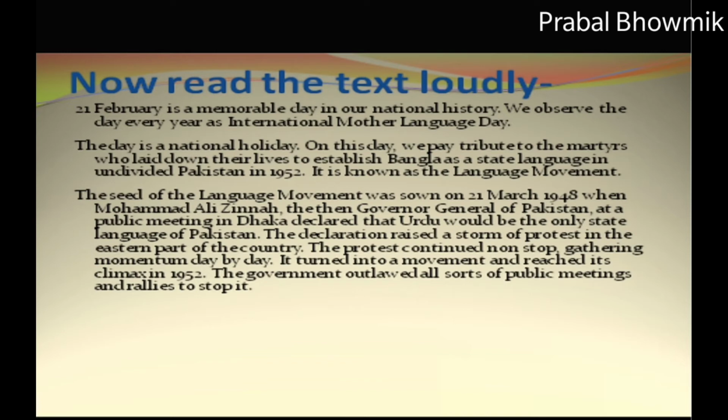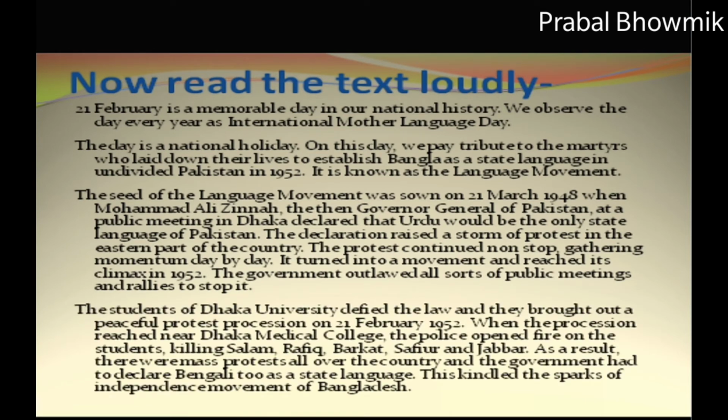The government outlawed all sorts of public meetings and rallies to stop it. The students of Dhaka University defied the law and they brought out a peaceful protest procession on 21st February 1952. When the procession reached near Dhaka Medical College, the police opened fire on the students, killing Salam, Rafiq, Barakat, Shafiur and Jabbar.